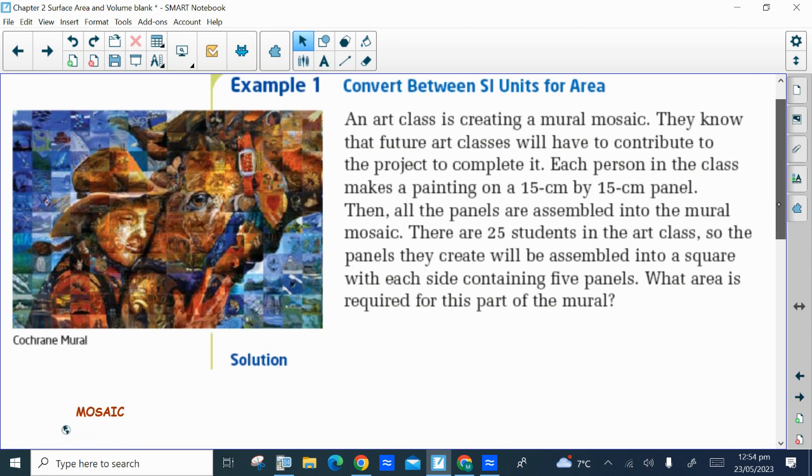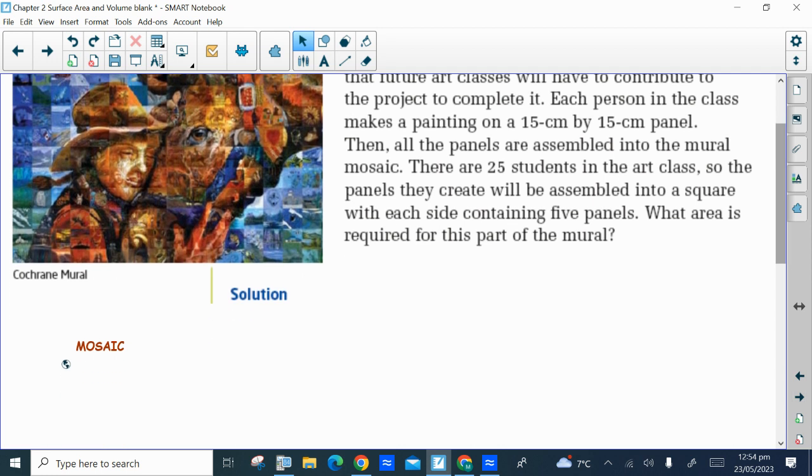So each person will make a painting on a 15 centimeter by 15 centimeter panel. And they're going to put them together with 25 students. So now you're going to get a shape that is 5 panels by 5 panels.